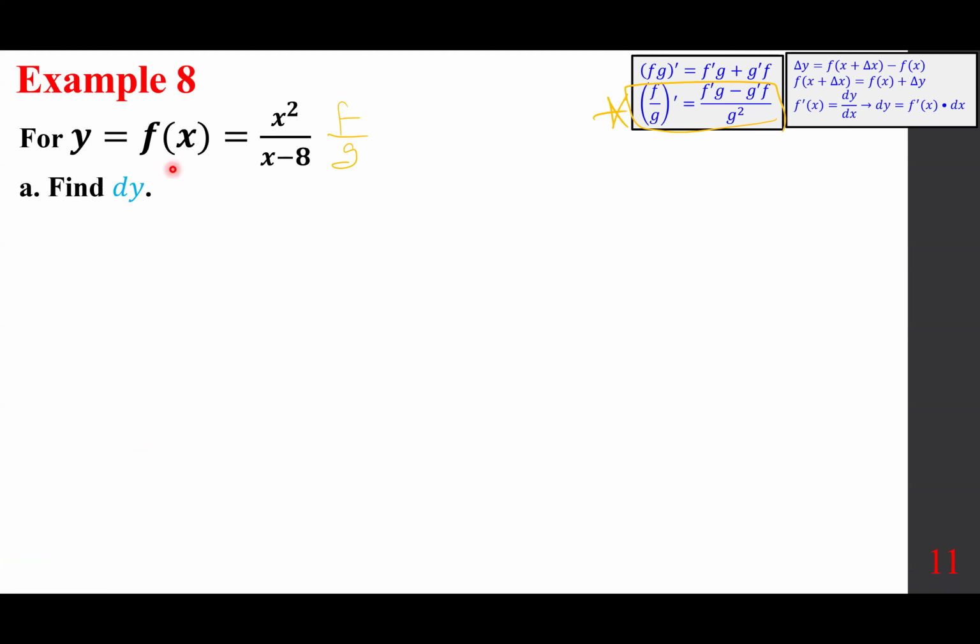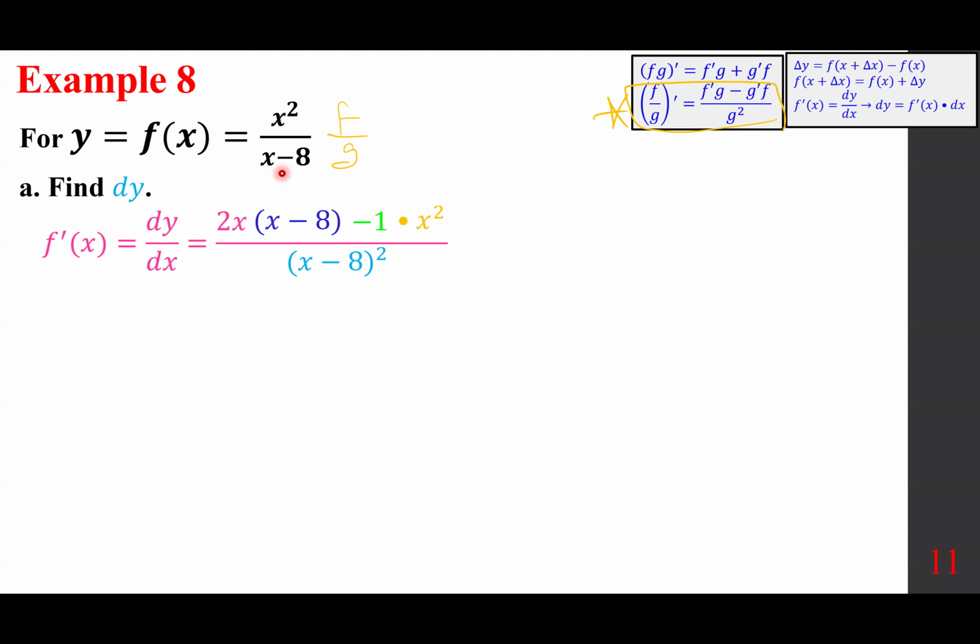So you write down f prime of x, or dy dx, as the derivative of the top, which is 2x, times the bottom, which is x minus 8, minus g prime, which is 1, times f, which is x squared, over the denominator, x minus 8 squared.